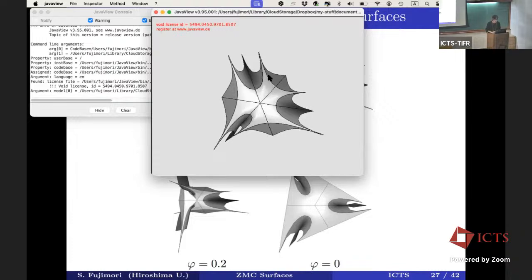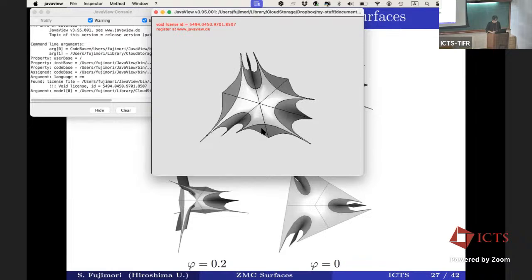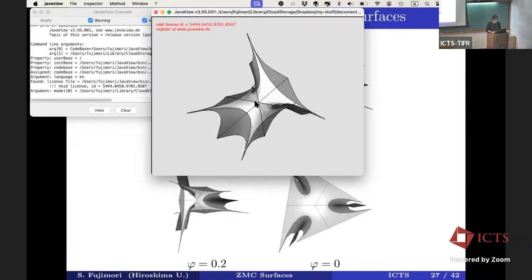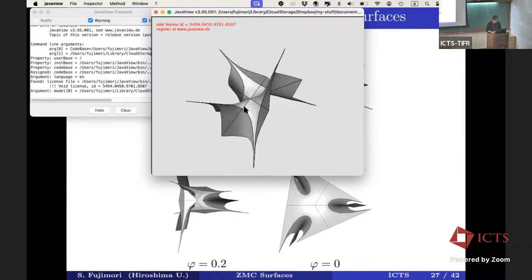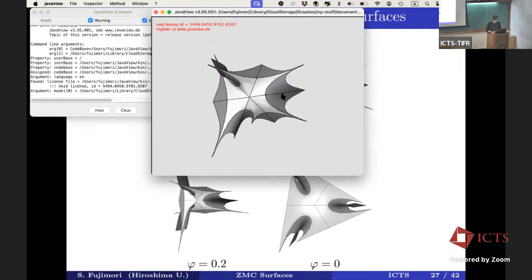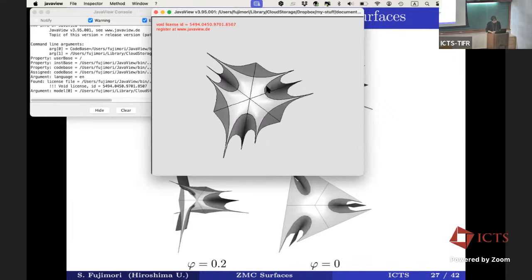Now two ends become parallel from the top view. These are parallel and these are parallel. Now it is the limit where the surface can be represented as a graph, because at this part here, you see the tangent plane is vertical.